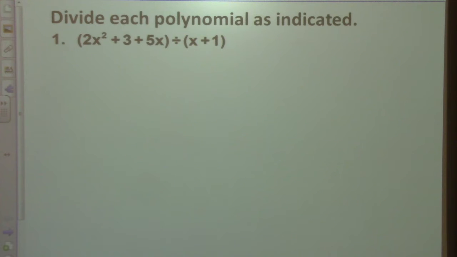I'm really leaning on Elizabeth and Karina at this point. You remember what we called this to divide something like this? What method did we use?